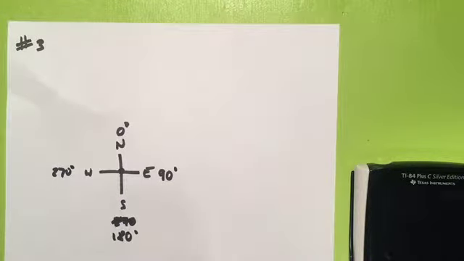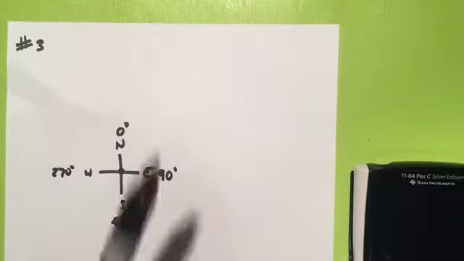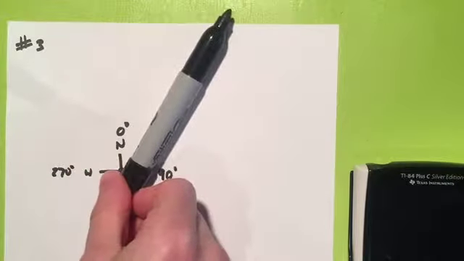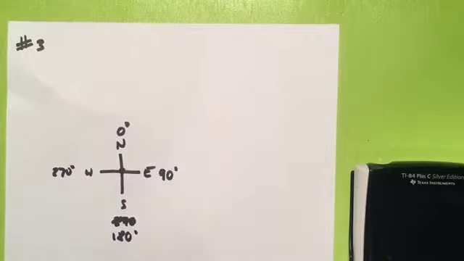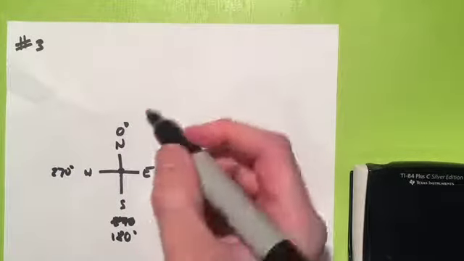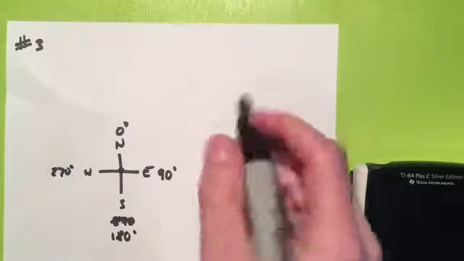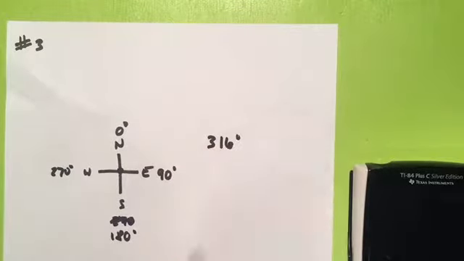So when we talk about following a heading, we're north 25 degrees towards the east or so forth, we can also use this bearing notation, in this case, 316 degrees.